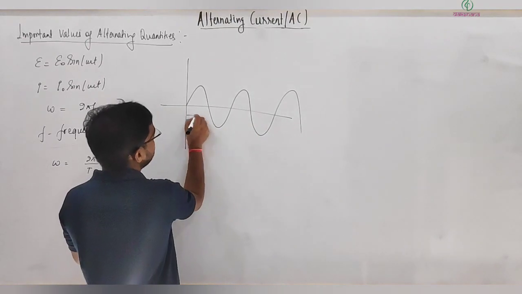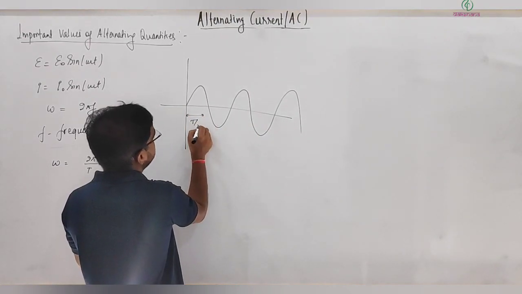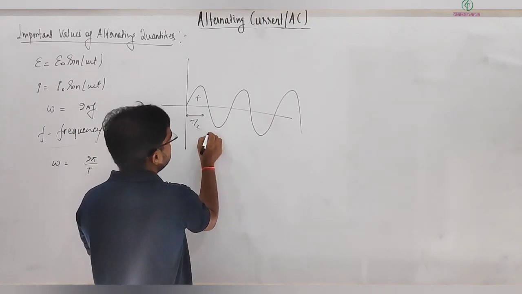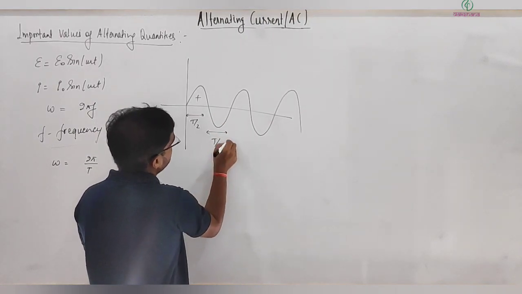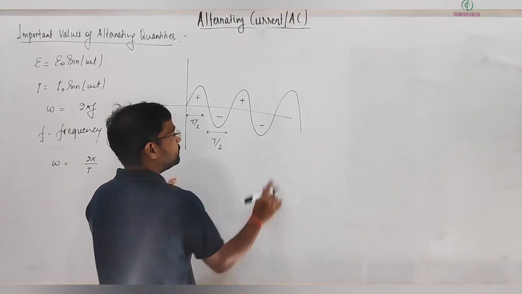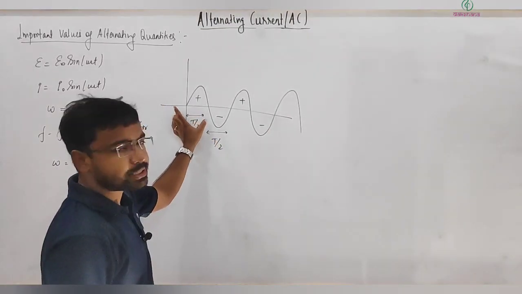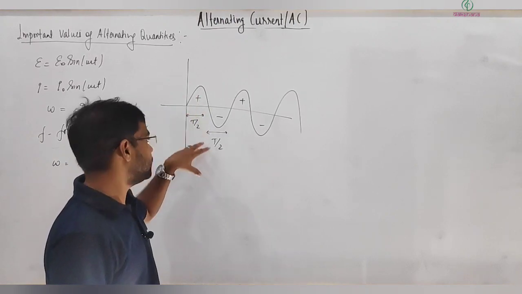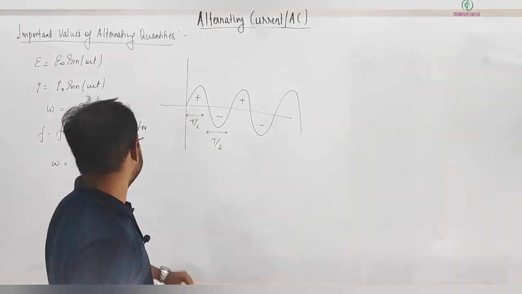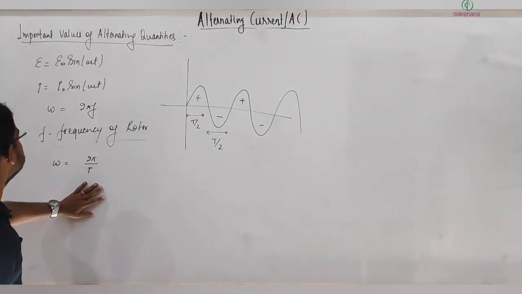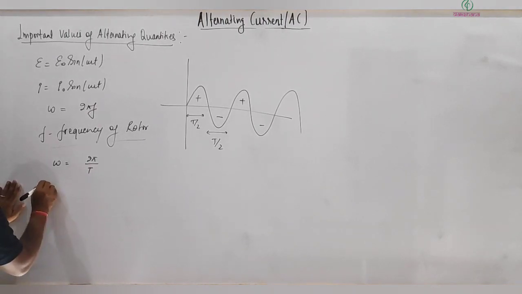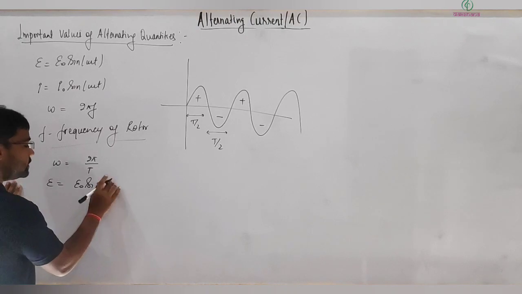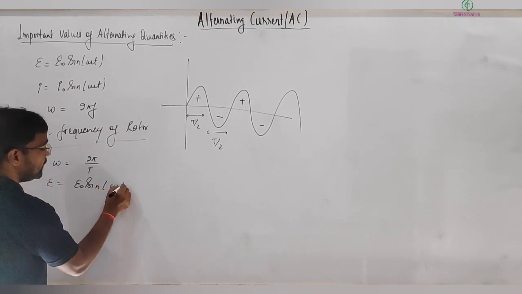So this is for half, T by 2, this will be the positive half cycle, this is the negative half cycle, this is T by 2, negative, positive, negative. So for half of the duration of one cycle, the EMF will be positive, for the next half it will be negative, and that is how it keeps on changing. So finally we have a source of alternating EMF, and I am expressing it this way, omega into t.